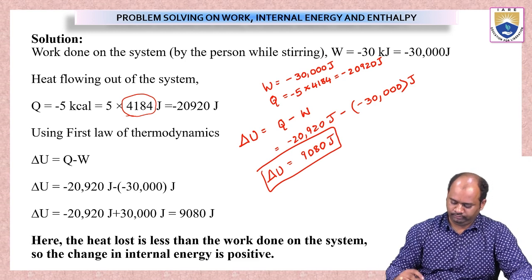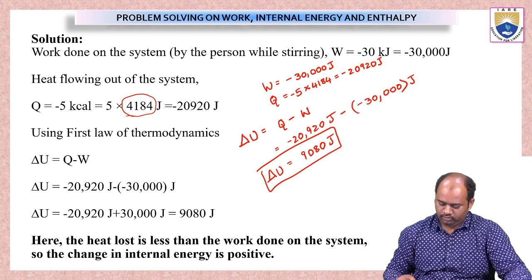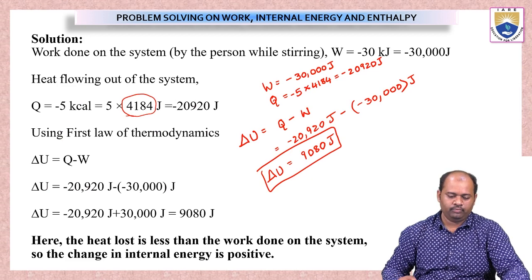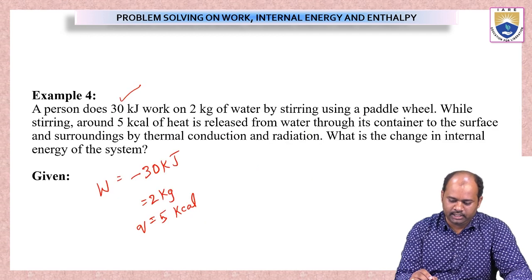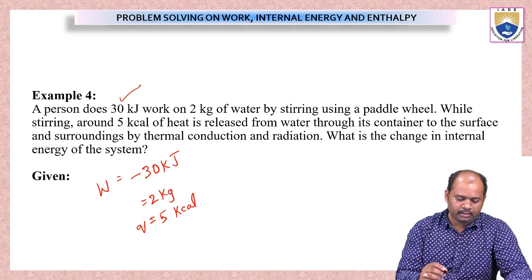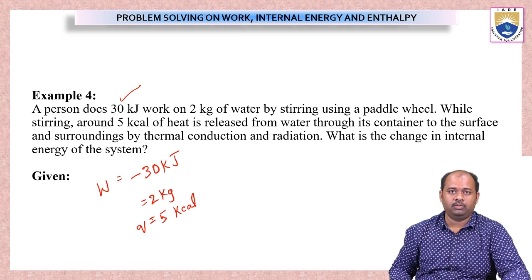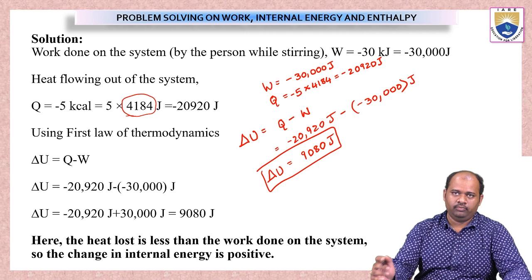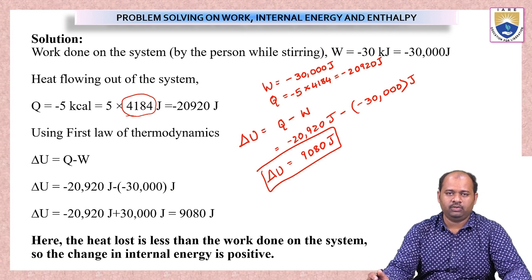So in this example, we have to calculate the change in internal energy simply by using the first law of thermodynamics. We have used the first law of thermodynamics only with a little modification. For the W value, we have kept negative because here the work is done on the system and heat is flowing out of the system.